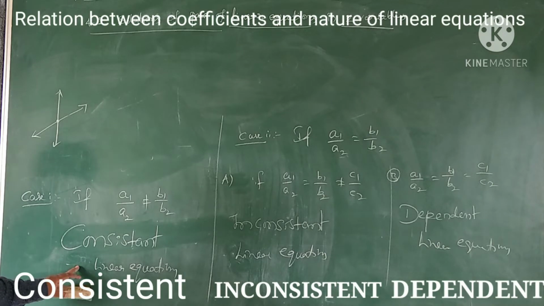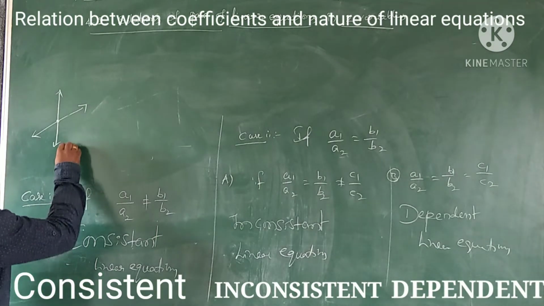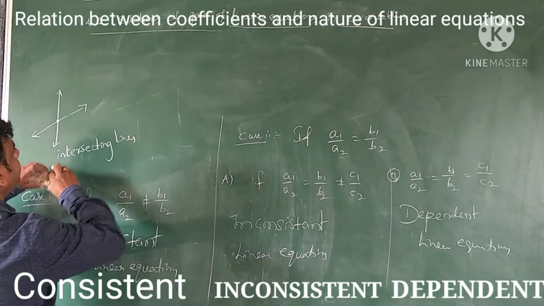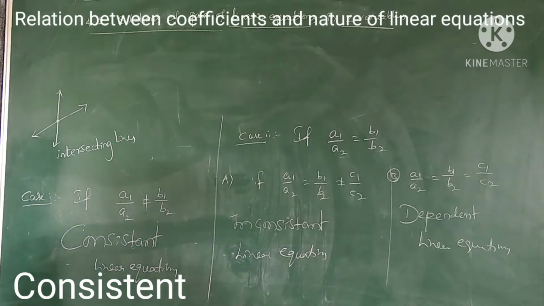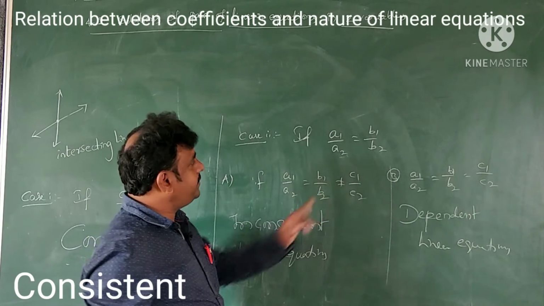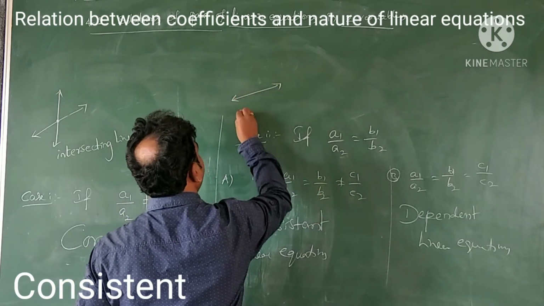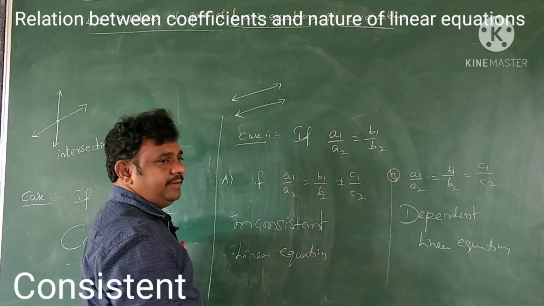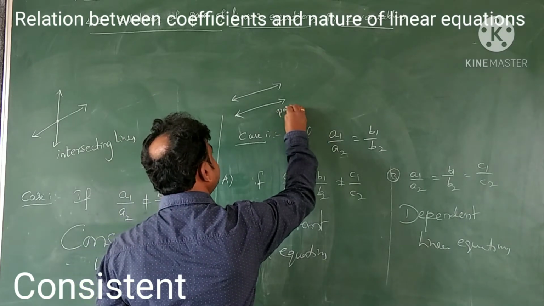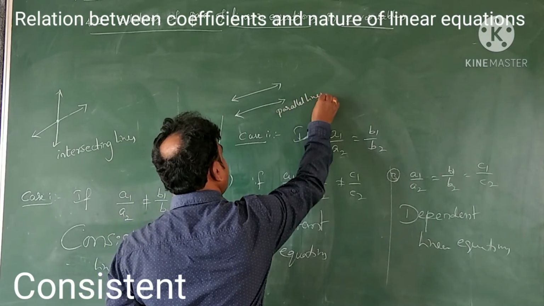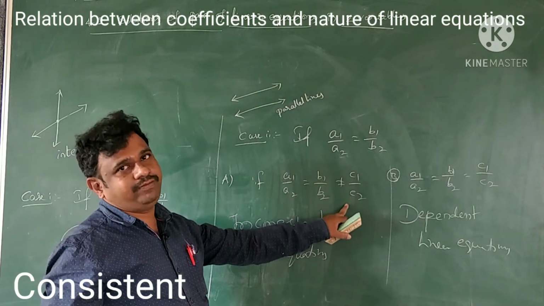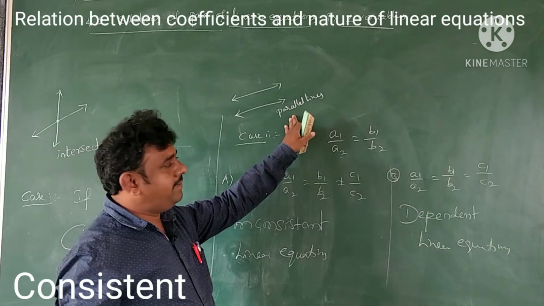So this represents intersecting lines. If a1/a2 equal to b1/b2 not equal to c1/c2, they do not intersect anywhere. So this represents parallel lines.